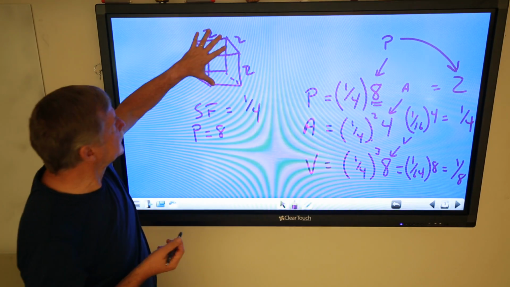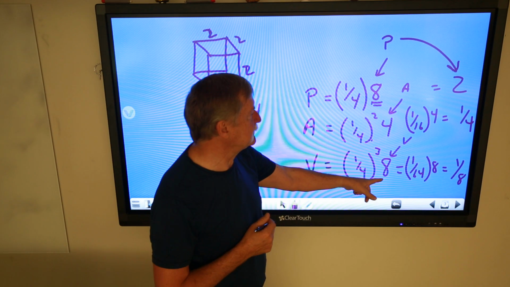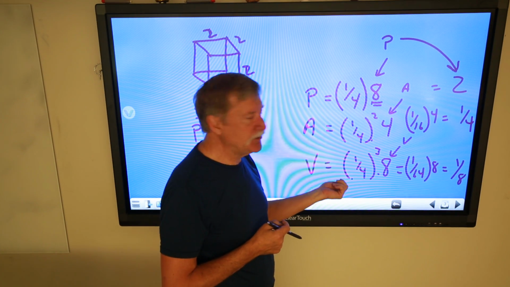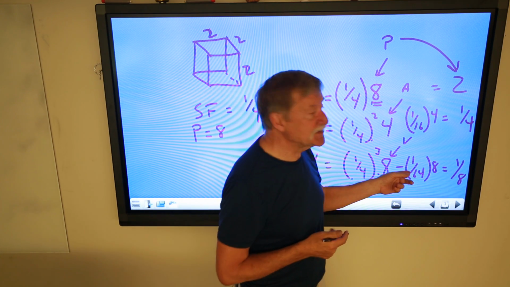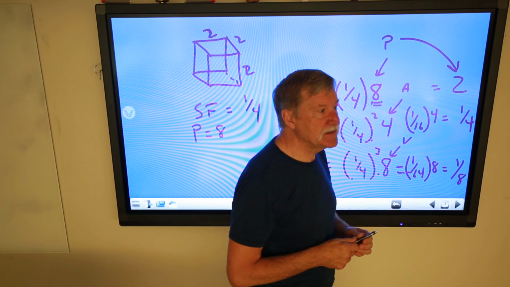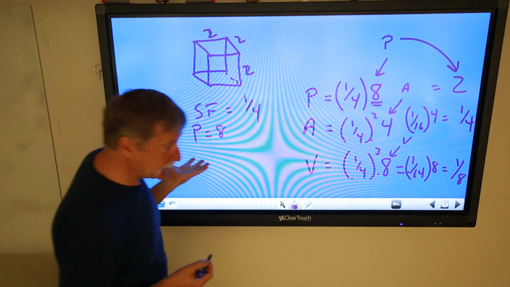And finally, if I'm looking at the volume, the cube originally is 8, 2 times 2 times 2. But the scale factor now is going to get cubed, 1/4 to the third power, which is 1/64 times the original volume, 8, and now we see that that new volume is 1/8 of the original one.